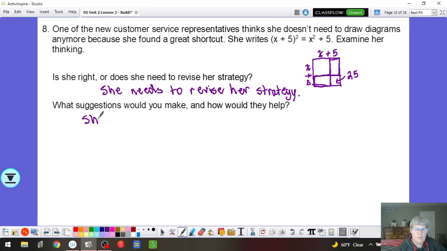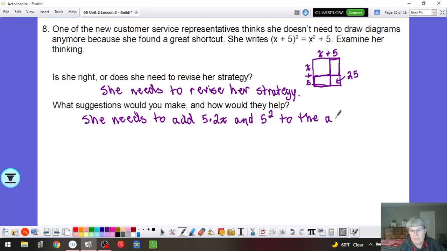She needs to add 5 times 2x and 5 squared to the area of the basic square.